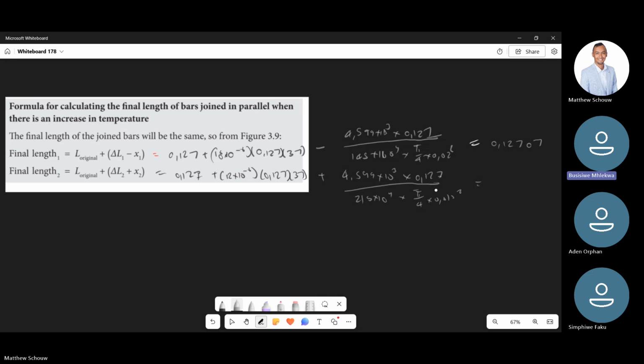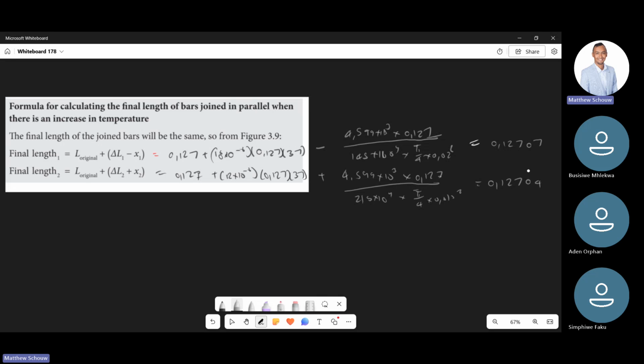So it's the same. 0.12704. Okay, so we're out a bit here. I'm just confirming Aiden's one. Yeah, it should be close, very close. It should be like even 6.5. That's what I'm looking for.